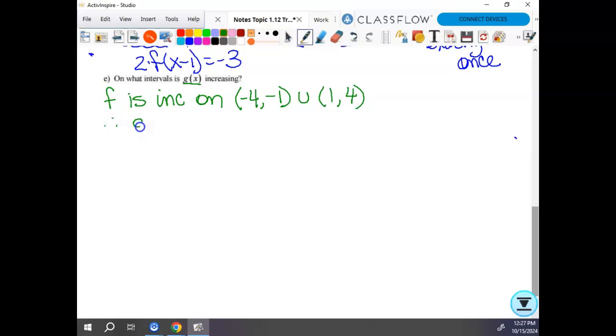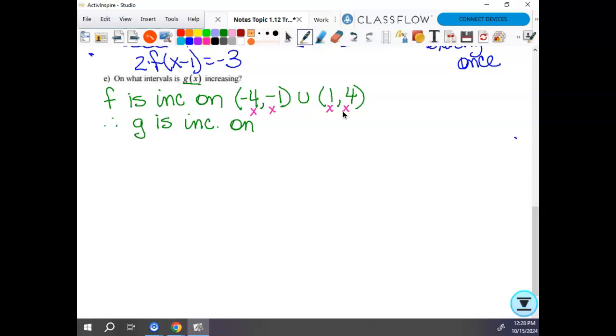Therefore, g is increasing on, all right. Now, yes, we have x and y values on our graph. We see where f is increasing. But what we write are intervals of the domain. These are all x values, right?